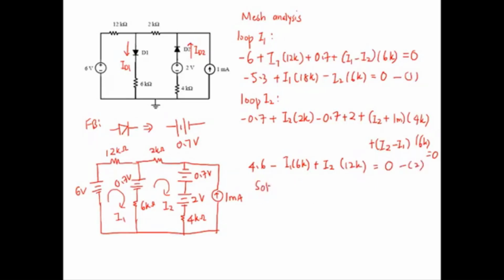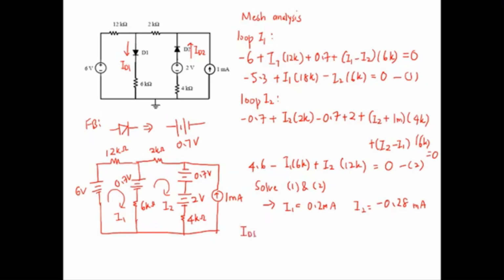You solve equations number 1 and number 2, and you should get I1 equal to 0.2 milliampere and I2 equal to minus 0.28 milliampere. This is the solution for the simultaneous equations. Next we get the actual diode current.